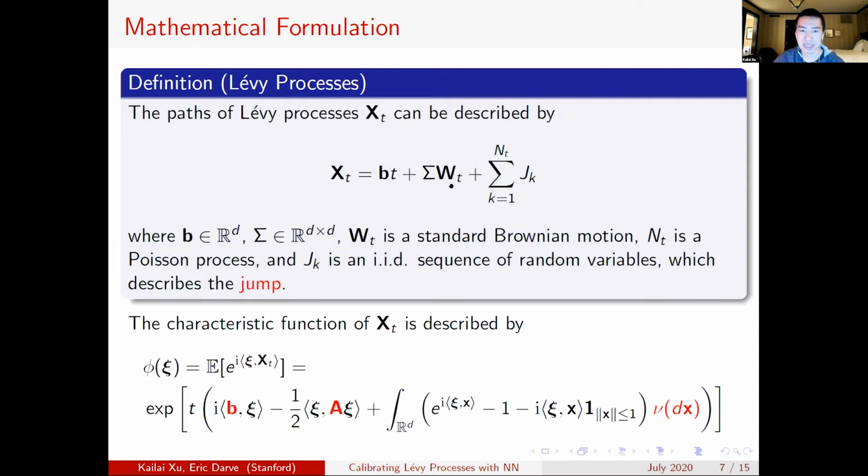For this kind of process, the characteristic function can be written as follows. The first term is the drift term, as usual in Gaussian processes, the second term is the diffusion term, and the third term is an integral corresponding to the jump diffusion term.